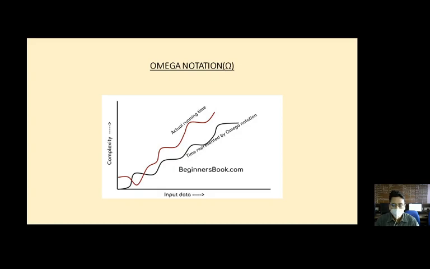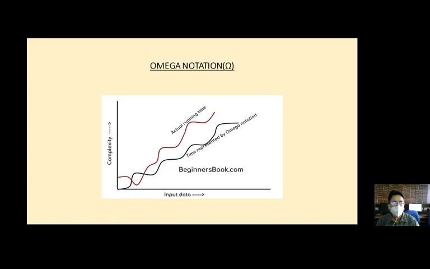Here the red line represents the actual running time of an algorithm, and the dark line represents the omega notation. Some people may get confused that in some situations they intersect each other.